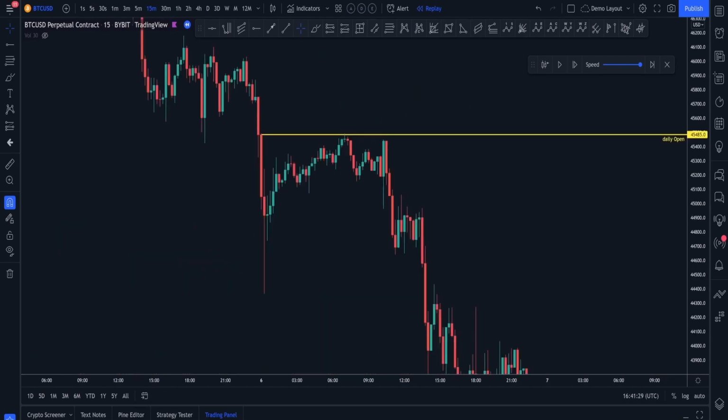Now let's have a look at a practical example of the open test drive type. Here we have the BTC-USD pair on Bybit on the 50-minute time frame. As we can observe, the daily open is here.